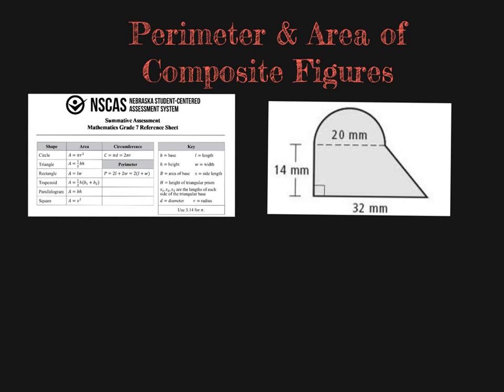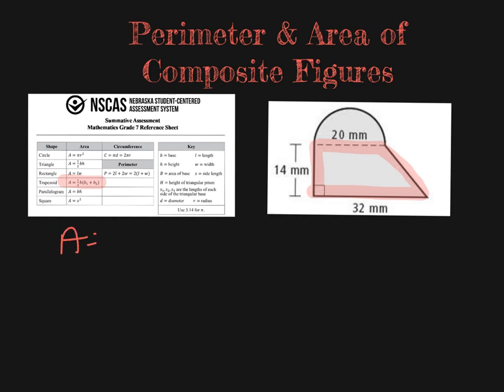On this final example, I'm going to break this figure into a trapezoid and half of a circle. First, I'm going to look at the trapezoid. Here is my outline. So then I go grab the formula for area of a trapezoid, which is right here. So I start by writing that.